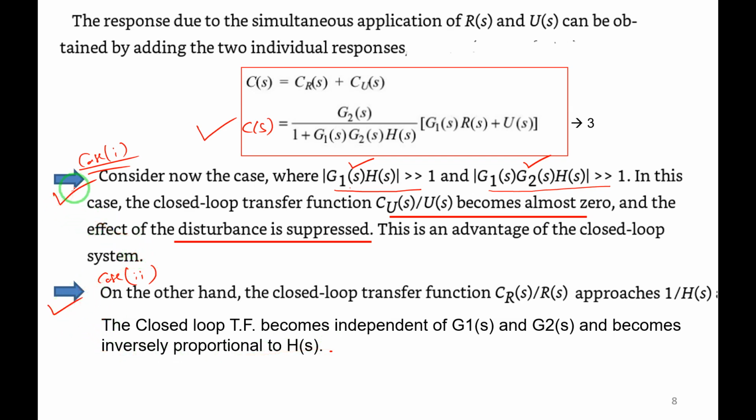In the first observation, case 1, we saw that the disturbance is suppressed. In the second observation, we have seen the transfer function is inversely proportional to the feedback element and independent of the forward path transfer function G1 of S into G2 of S. I will pause. If there are any doubts, I will address them, or else I will move to the next topic. I hope nobody is asking any doubts. Okay, I will move to the next topic.